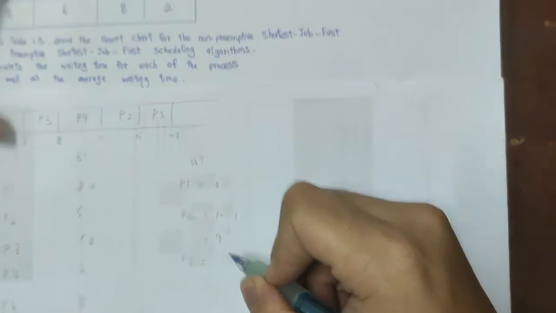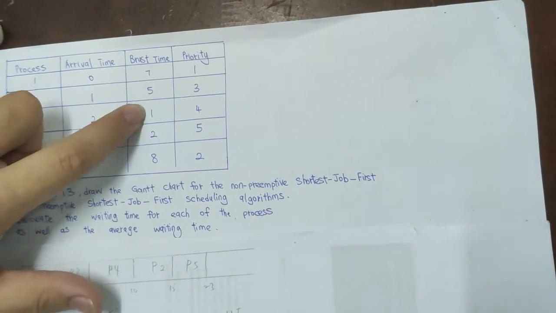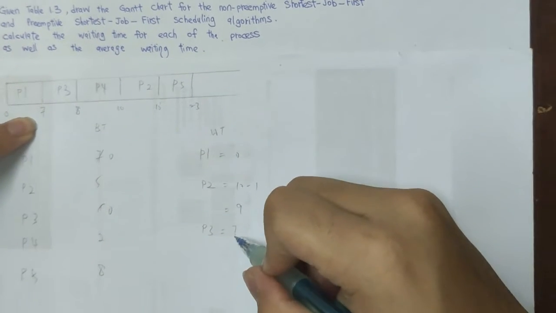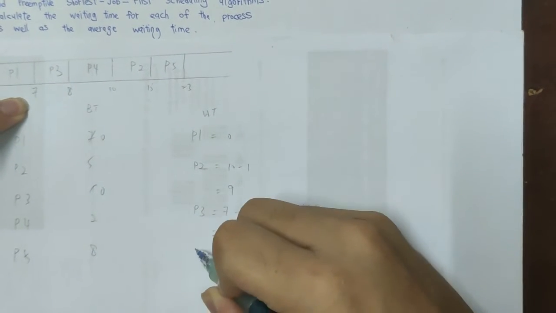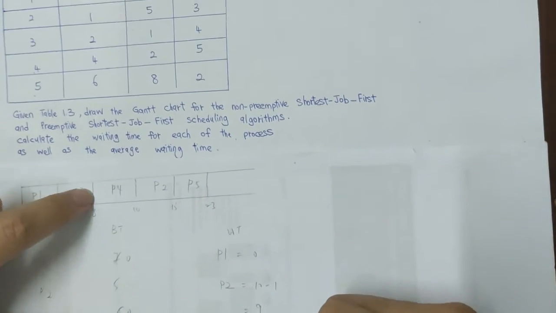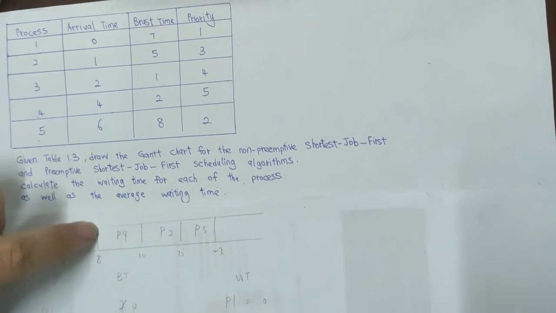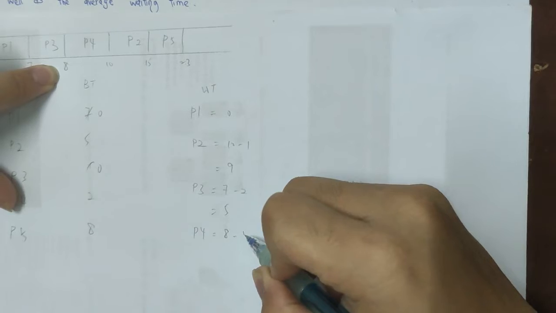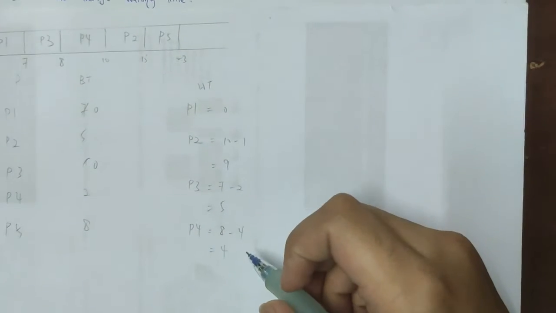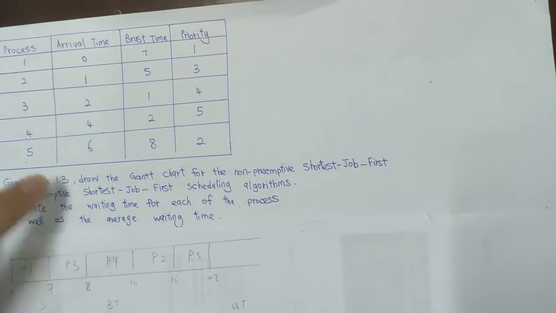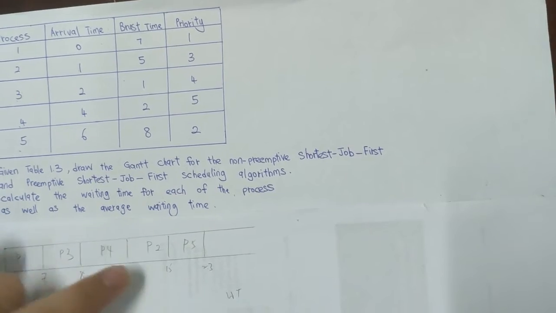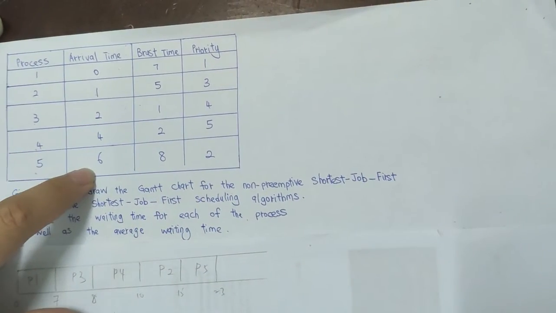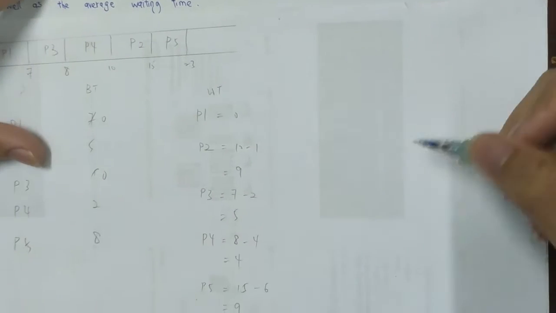P3 arrives at 2 and executes at 7, so 7 minus 2 is 5. P4 arrives at 4 and executes at 8, so 8 minus 4 equals 4. And last, process 5: 15 minus arrival time 6 equals 9.